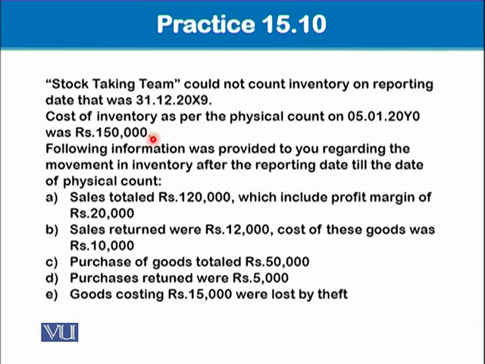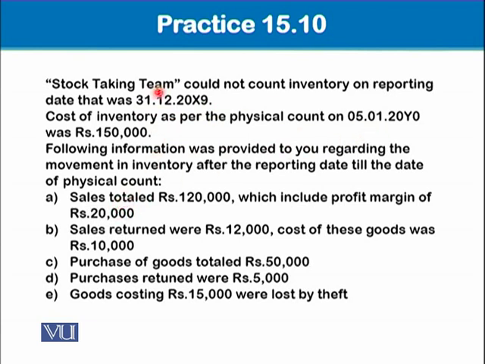The following information was provided regarding the movement in inventory after the reporting date till the date of physical count. Between 31st December X9 and 5th January Y0 these transactions took place. We have to work out the cost of inventory on 31st December X9. On 5th January, the cost of inventory is 150,000.